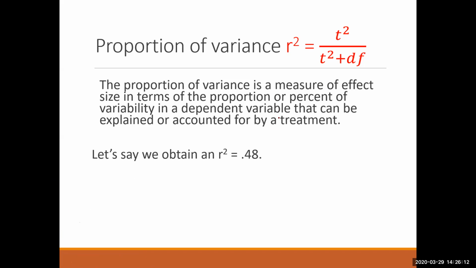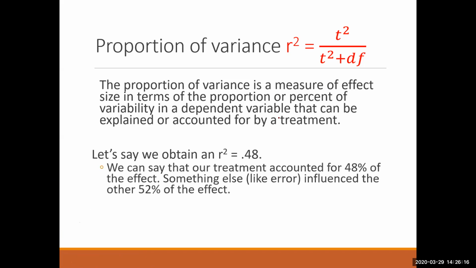Okay, so let's take a look at this. If we obtain an R squared of 0.48, we can say that our treatment accounted for 48% of the effect. And that also means that something else, like error or confounding variables, may have influenced the other 52% of the effect.